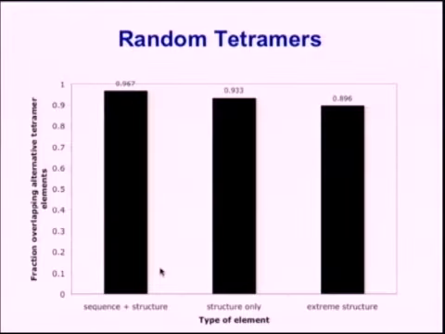Okay. So when you look at this, it's still work in progress, but the overlap between real elements and these randomized elements that have been under sequence constraint and structural constraint, you get this 96% overlap. When you look at the structure-only regions, the number drops to 93.